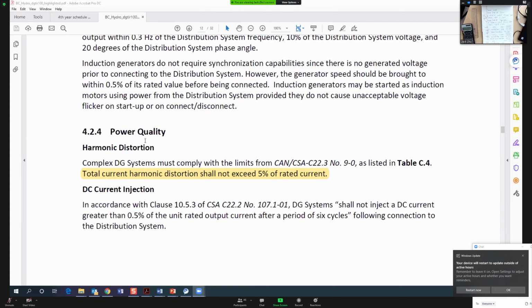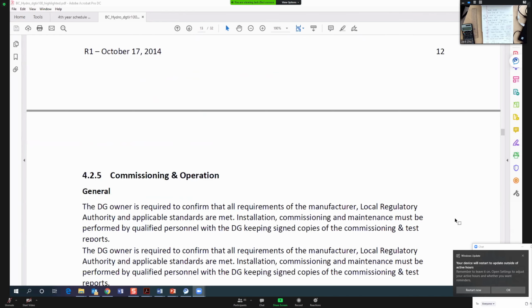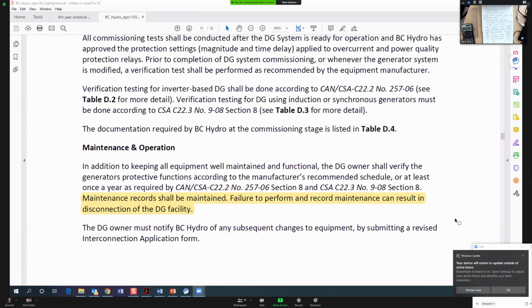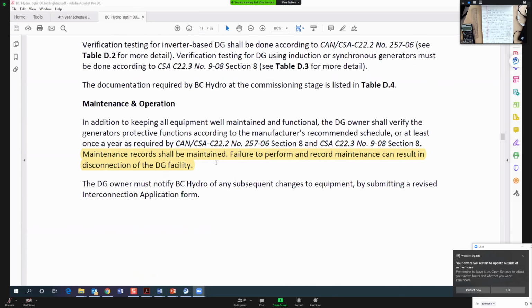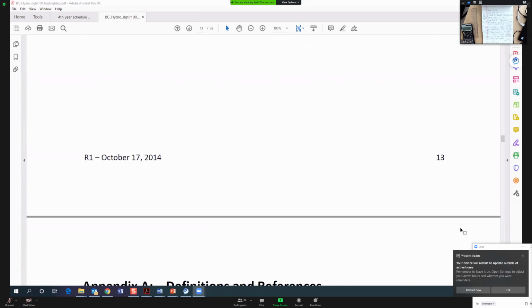Power quality: if we look at BC Hydro's network, they can have 8% or 10% harmonic, but for you, if you want to connect onto BC Hydro, you cannot exceed 5% harmonic current. Same thing, the maintenance record has to be kept.